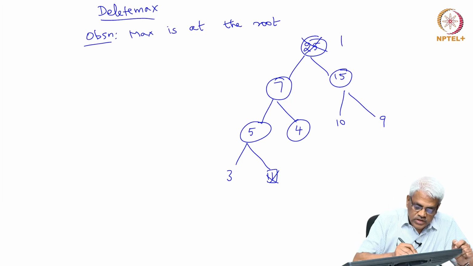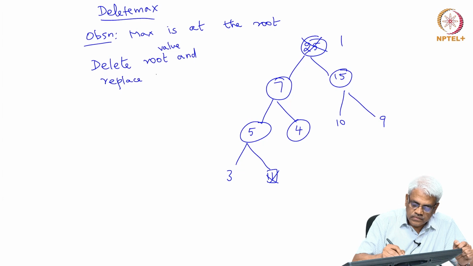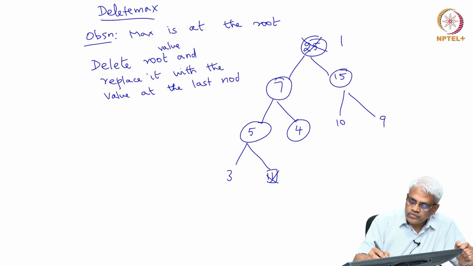Okay. So, delete root, and I replace the root value with the value of the last node. Now, again another while loop. If there is no violation, you are done.